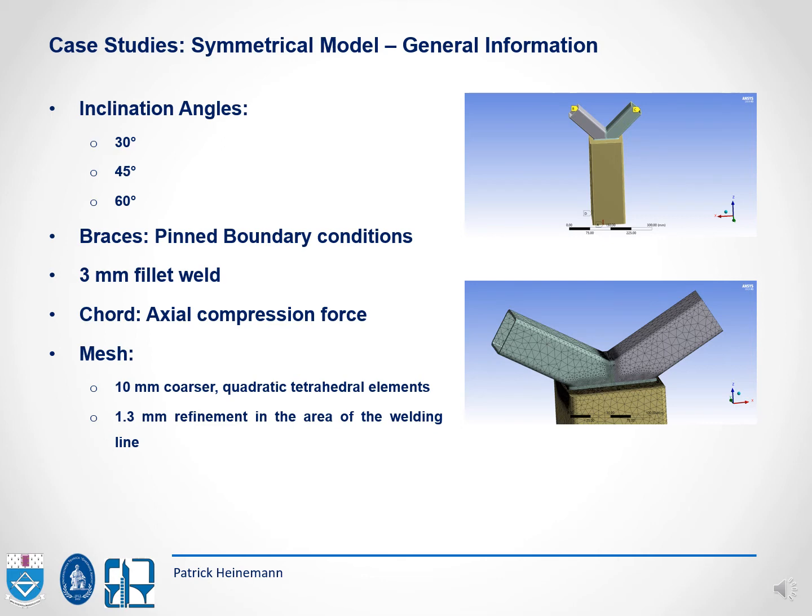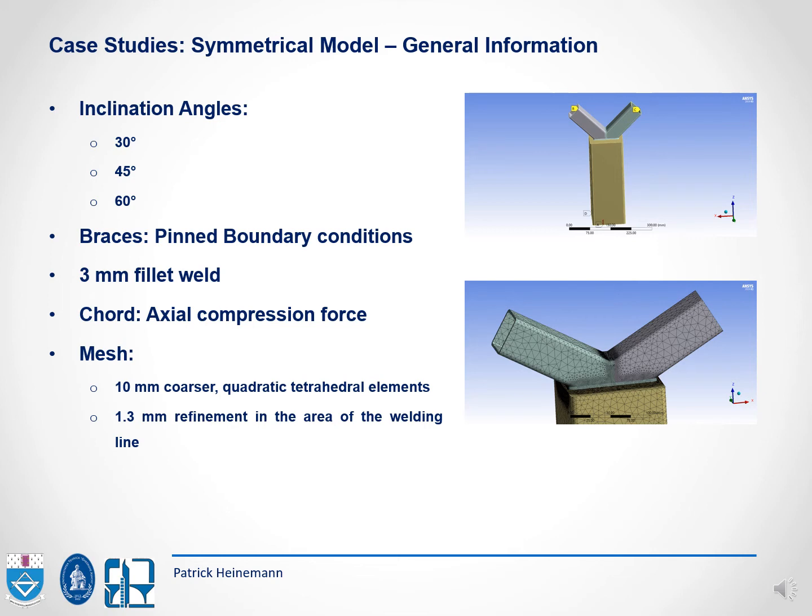The chord's bottom is affected by an axial compression force, while the braces are set as pinned for the boundary conditions. On the second figure, you can see the welding line. It's a 3 mm fillet weld, which has a three-dimensional shape. In other words, the welding line connects the chord to the branches and the branches to each other.